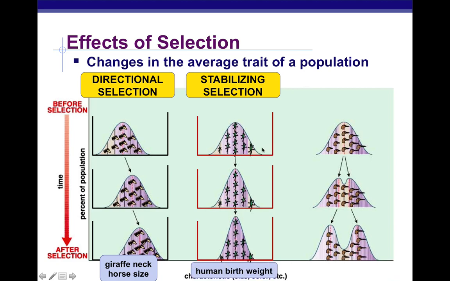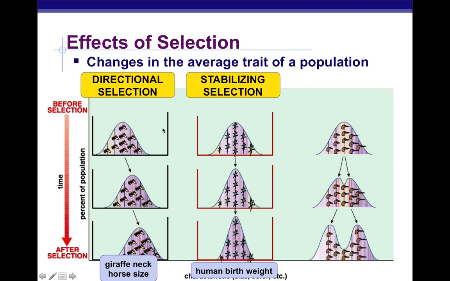You don't see 12 and 13-pound babies, mainly because they're too big to get out of the uterus. And you don't see too many small ones surviving because they're too small. So you see more of a mean happening around 7 or 8 pounds. More often than not, you'll have that 7 or 8 pound baby than the extremes. So again, the mean is selected for.